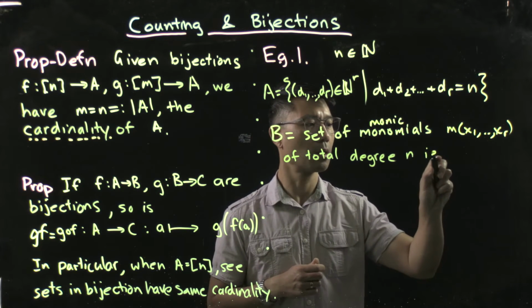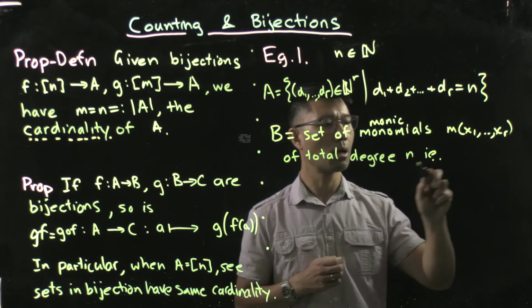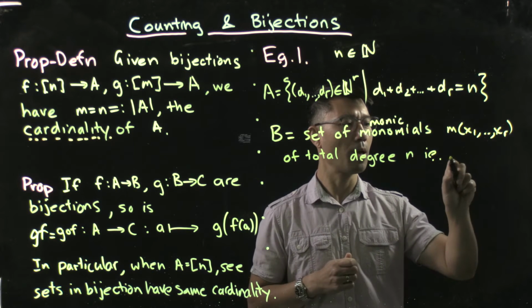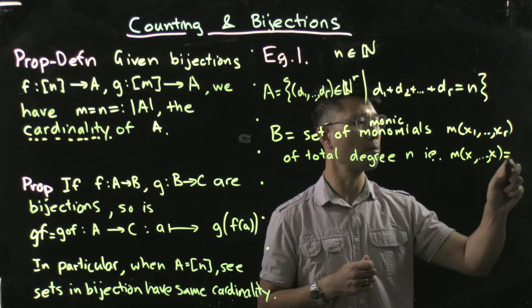So that is, m of x: if you substitute x for all of them, you get x to the n.